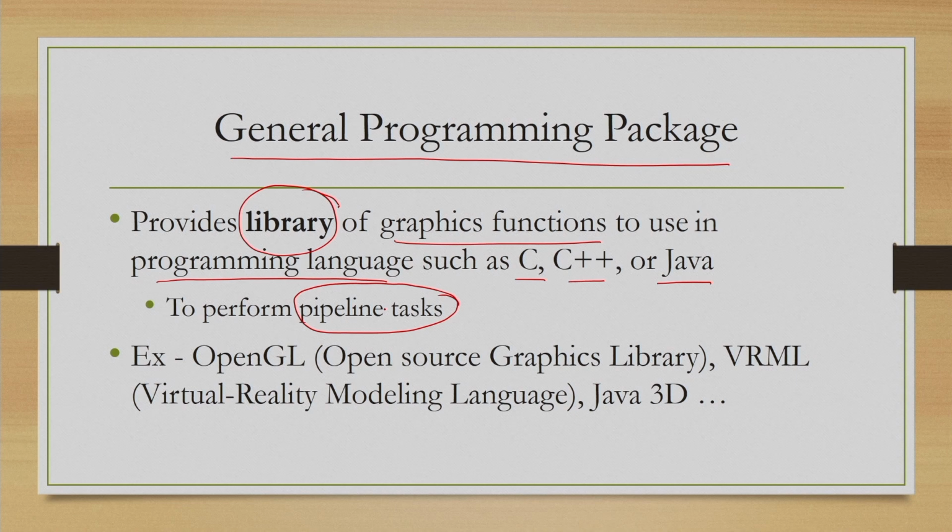So, in other words, they help the programmer implement the pipeline. An example is OpenGL, which stands for Open Source Graphics Library. Also there are VRML, Virtual Reality Modeling Language, Java 3D and so on. So, there are many such libraries provided to implement graphics functions.